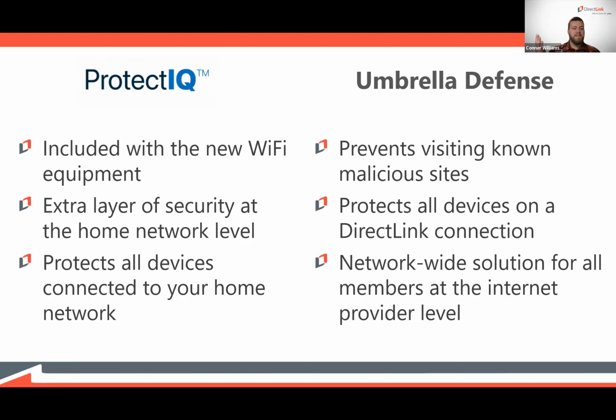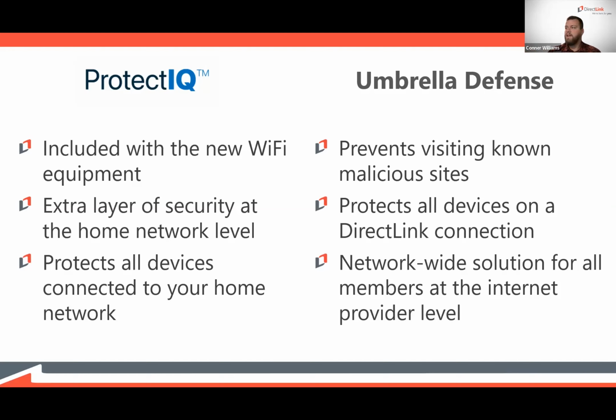So we've included this extra layer of security on all of the new Wi-Fi devices. And when I say extra layer, that's in addition to Umbrella Defense, and this is at the internet provider level. So even for folks who might not have the new OMNI equipment, everybody on a DirectLink internet connection is protected with Umbrella Defense.